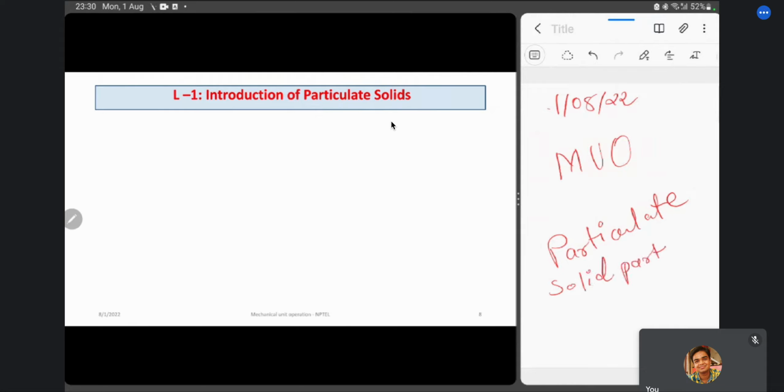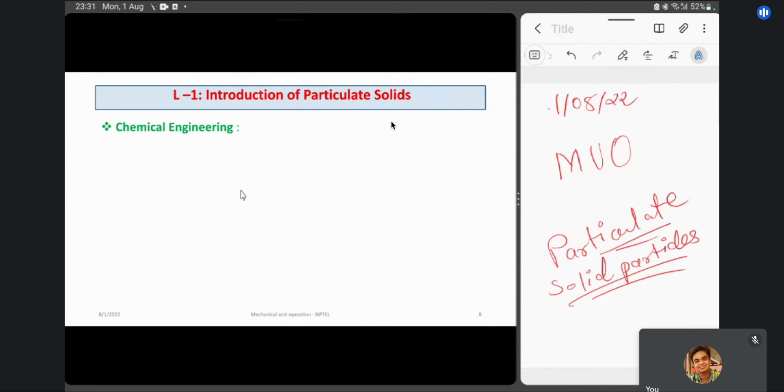What we need to understand about this, what are the characteristics of this particulate solid, how we will use it for separation purposes, and what are the physical laws we need to follow. So we'll start with the first.